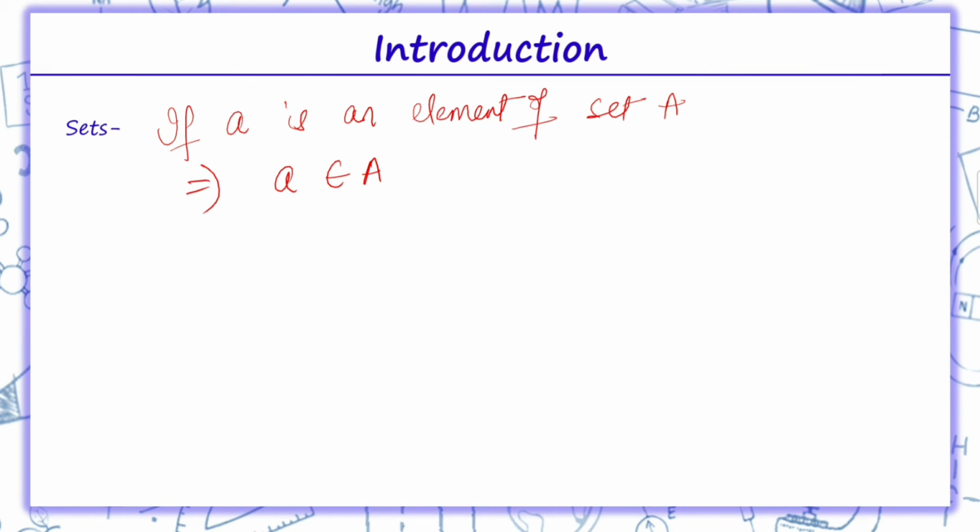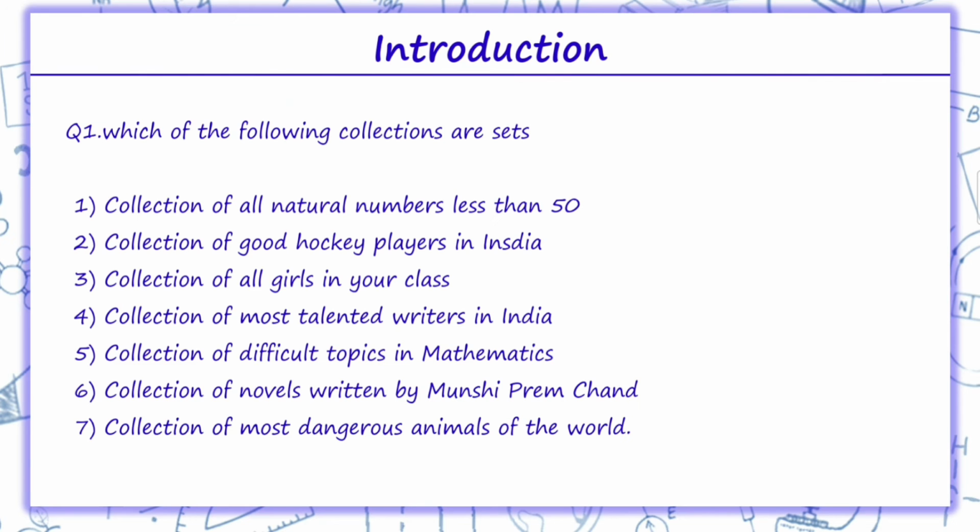Now let's suppose I have written set A and its elements are 2, 3, 4, 5. So we can write 2 is an element which belongs to set A and 6 is an element which does not belong to set A. So this is all about which elements belong to a particular set and which elements do not belong to a particular set.